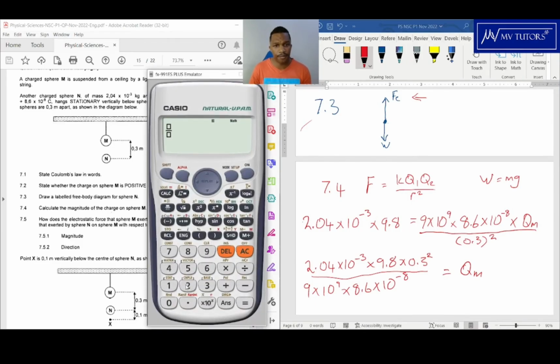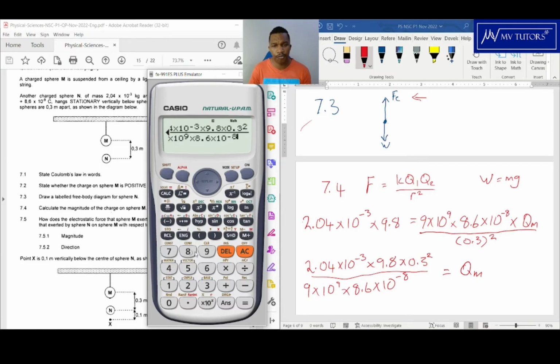From here, I need to put this in a calculator. I put my fraction: 2.04 times 10 to the power negative 3, and then I come downstairs, times 9.8 times 0.3, all of this is squared. Come downstairs, it's 9 times 10 to the power 9, times 8.6 times 10 to the power, I really hope that's a minus 8.